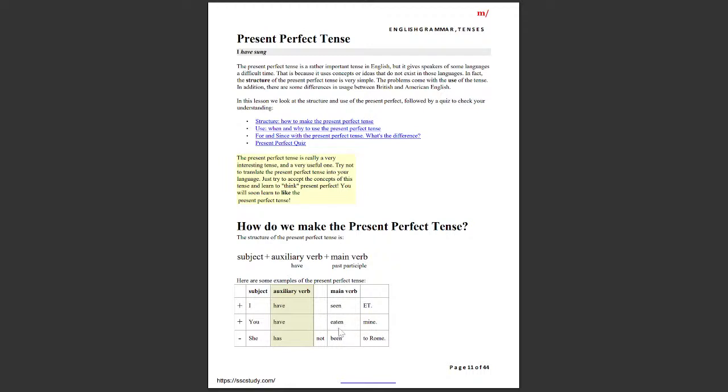Okay, eat, ate, eaten, that is verb formation. And for the negative sentence: she has not been to Rome. She has not been to Rome. So this is how it changes.